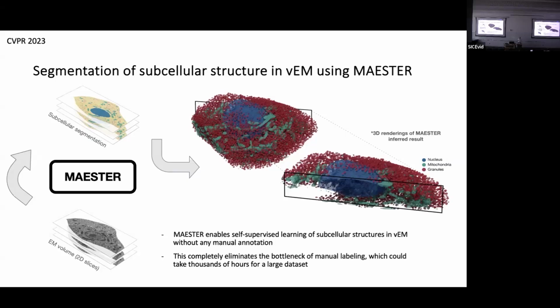In this case, we used an unsupervised method, which means we don't need to provide it anything other than the images to automatically identify these objects. The project is called MAESTER, and it's a self-supervised masked autoencoder, and I'll tell you how that works. It takes the set of 2D slices and automatically identifies objects in each slice, and then you can put those slices together to get 3D volumes.